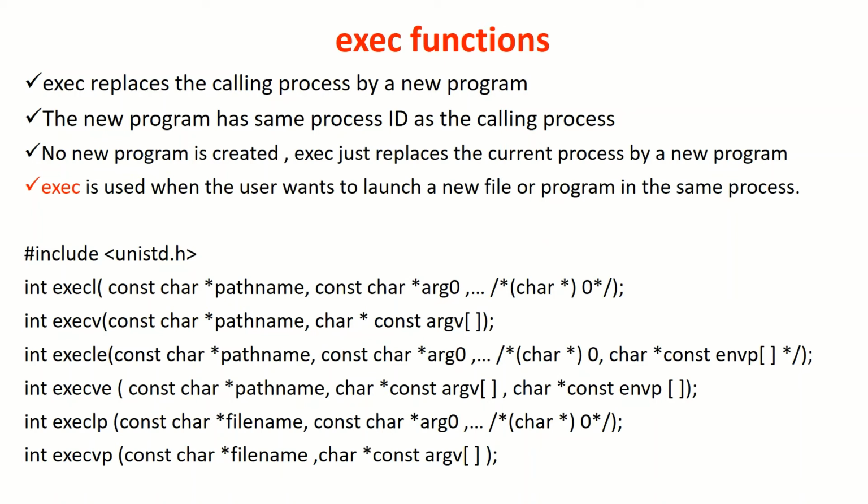The syntax: the return type is integer, execvp, with parameters const char *file and char *const argv[]. The parameter file points to a file name associated with the file being executed. The second parameter argv is a null terminated array of character pointers.